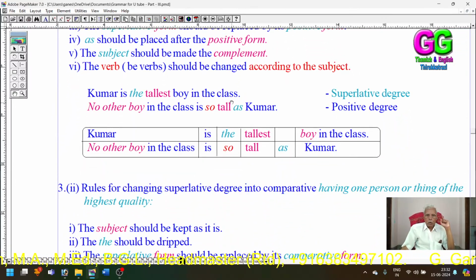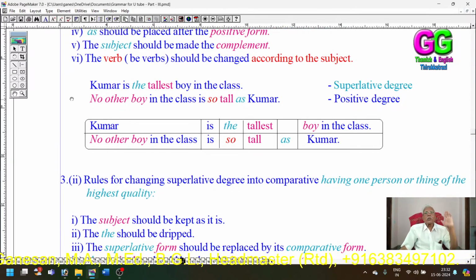Kumar is the tallest boy in the class, superlative degree. Positive: No other boy in the class is so tall as Kumar. Positive degree. So what rules have we followed here?